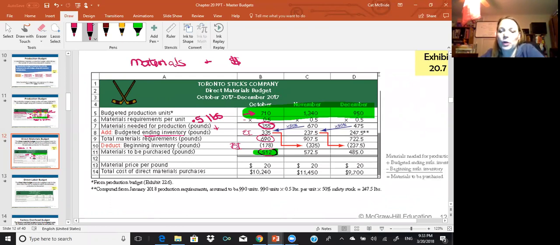At a half pound per unit is 670 pounds we need. Plus we need 50% of what's going to be left over next period, 475, the materials for ending inventory. So we have a total of 907.5 pounds. Minus what we started off with in beginning inventory, so we have to make or buy 572.5 pounds.